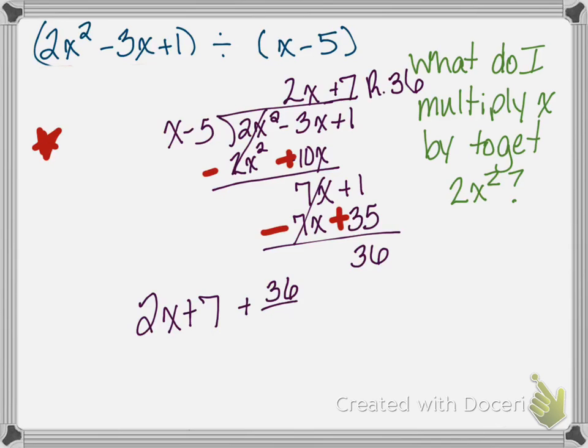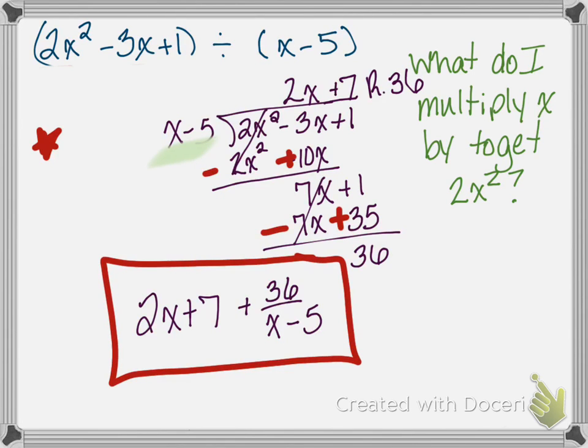The bottom part of my fraction is what I'm dividing by, and that's this x minus 5. So my final answer to this one is 2x plus 7 plus 36 over x minus 5.